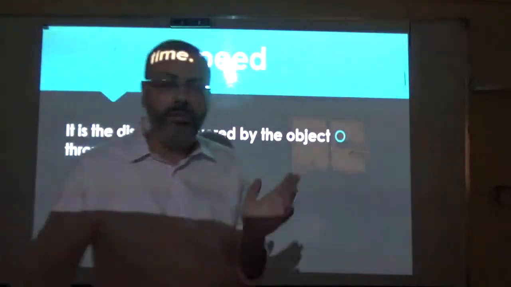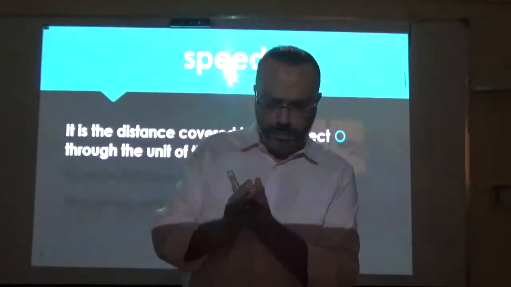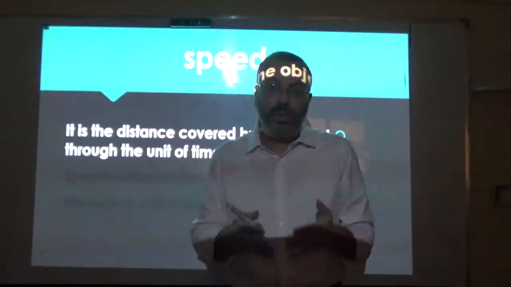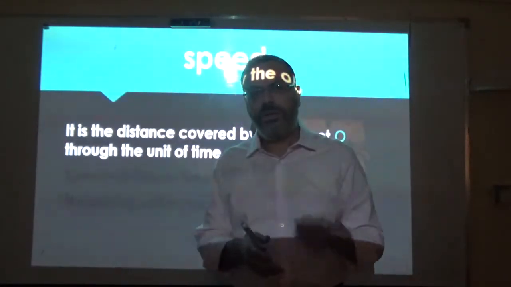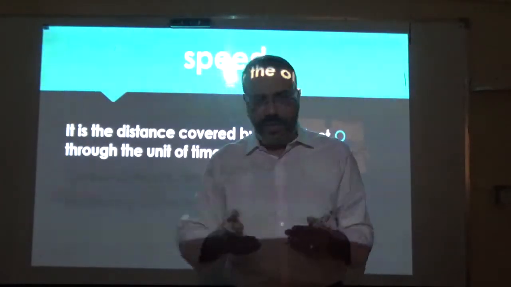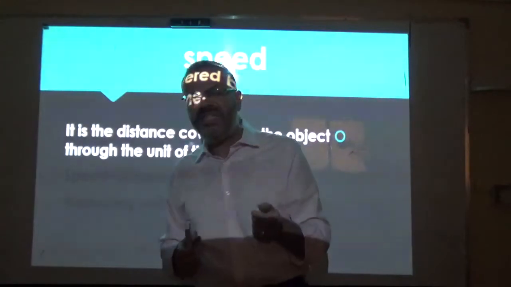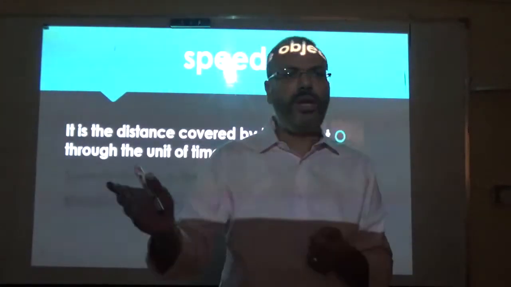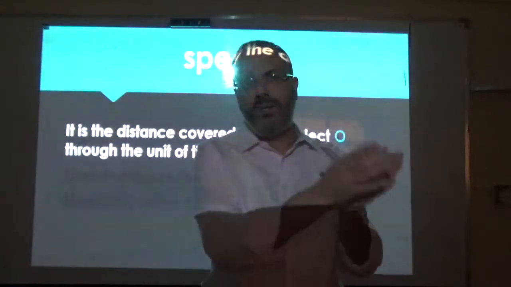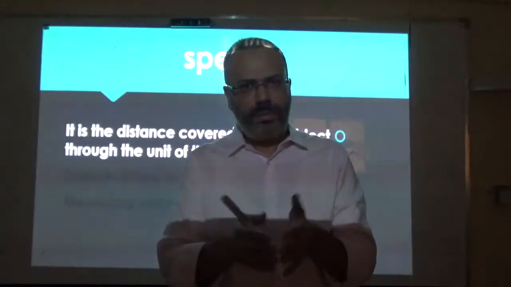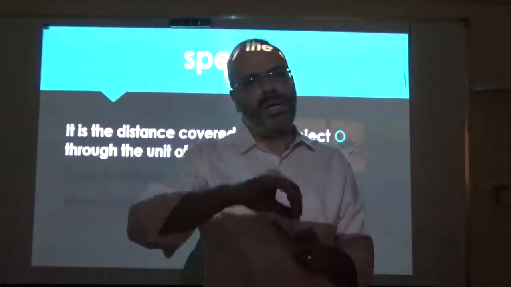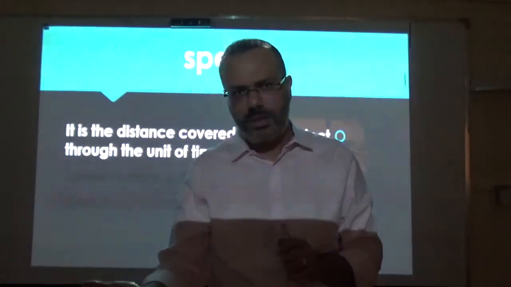We have many problems on speed, so we need to know the rule that we can use to calculate the speed of an object. In some problems, distance is given and time, and you should try to calculate the speed. Or speed is given with time, and you should calculate the distance.